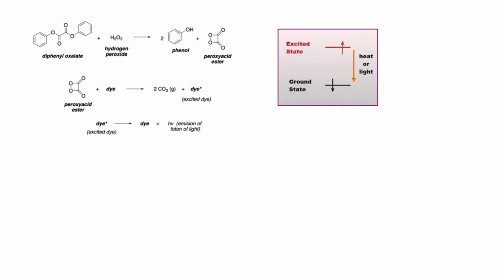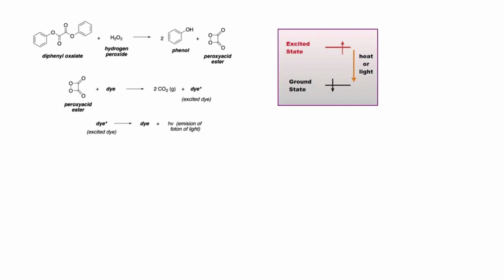In the glow stick, since it is chemiluminescence, it is emitting light. Chemiluminescence means the luminescence or fluorescence effect happens with the help of a chemical. That's why it is called chemiluminescence.